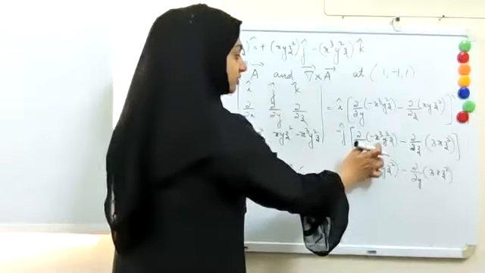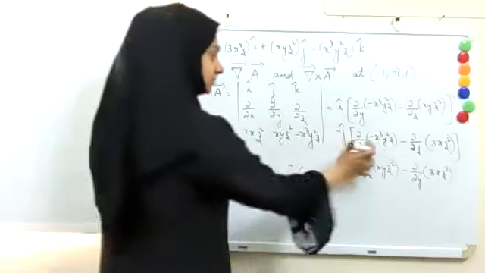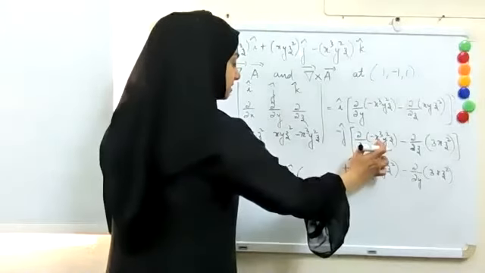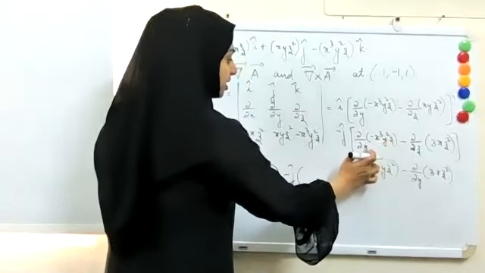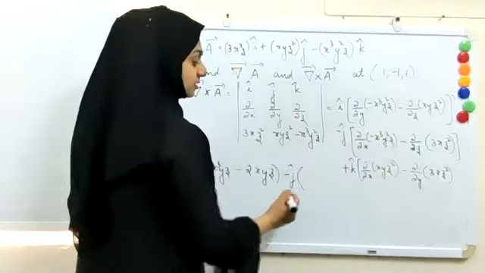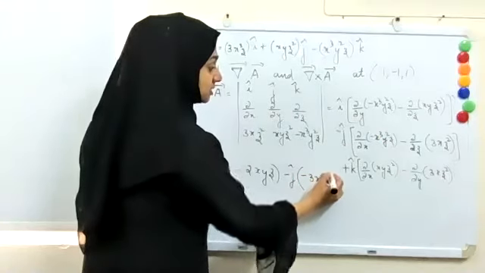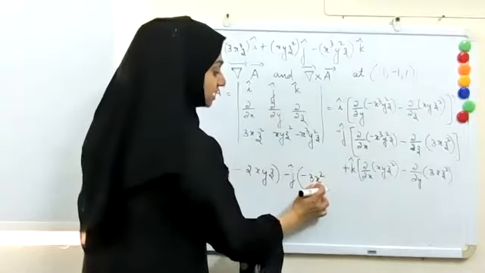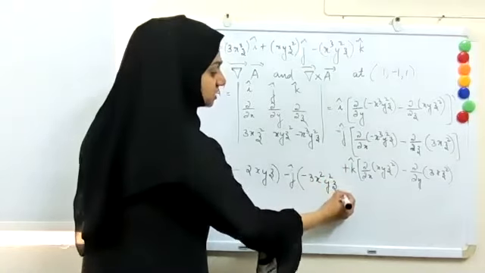Dou by dou x of this: 2xy. This is x cube y square z, and you are differentiating with respect to x, so minus 3x square y square z.